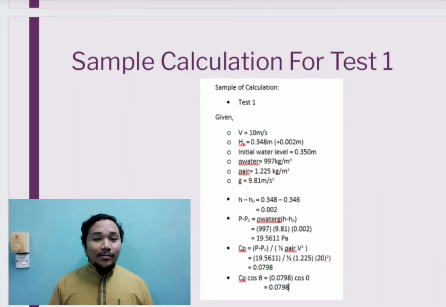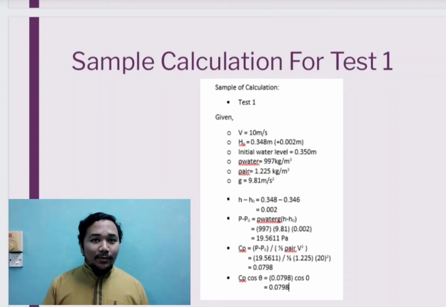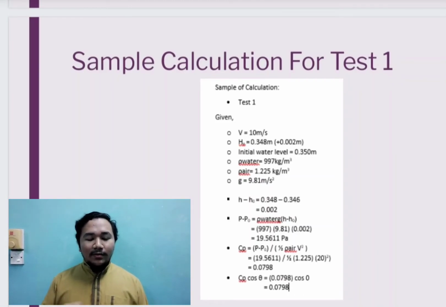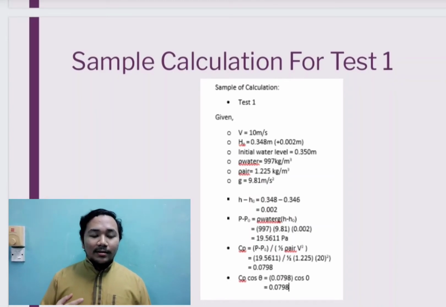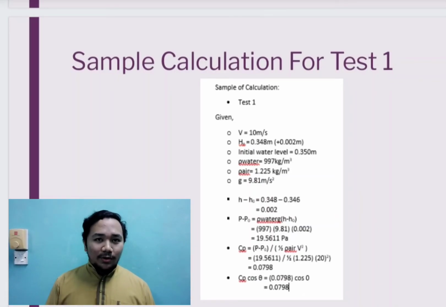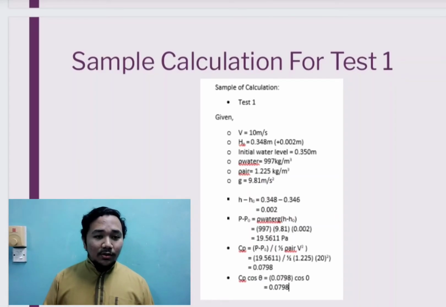Okay, now is the sample of the question for test 1. We use only the data for one. Given is velocity, which is 10 meters per second, and H naught is 0.002 meter. The initial water level is 0.350 meter.